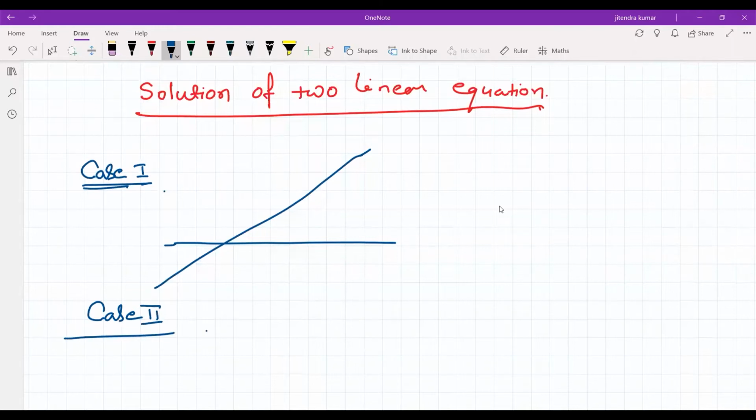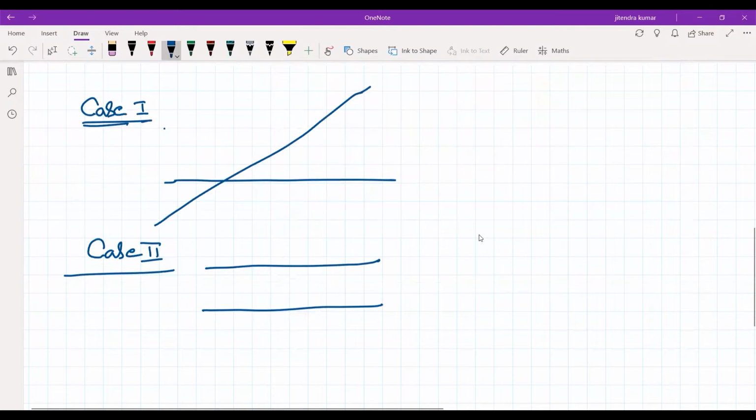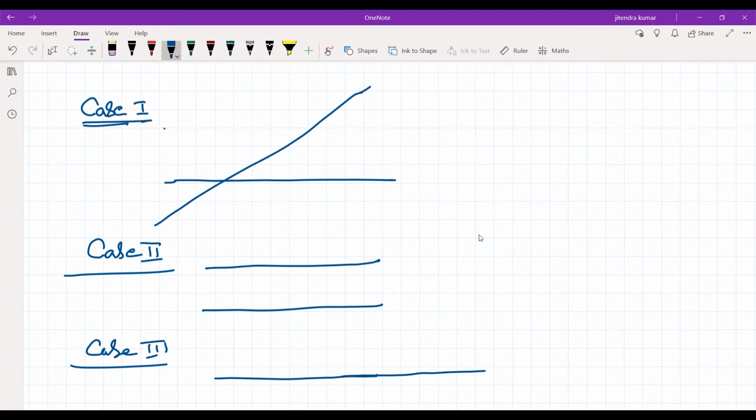Case two: both lines will be parallel and will not cut each other anywhere. Case three: both lines represent the same line, basically both are coincident.